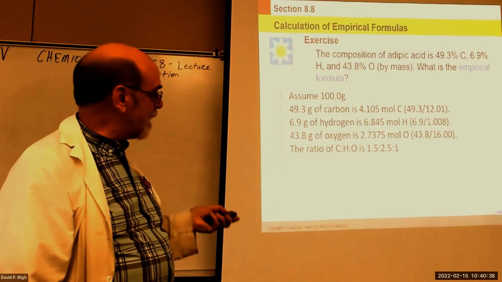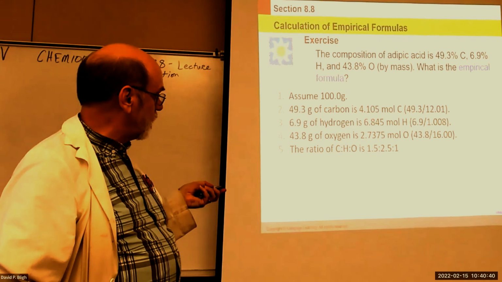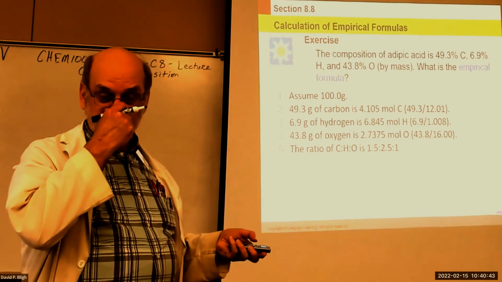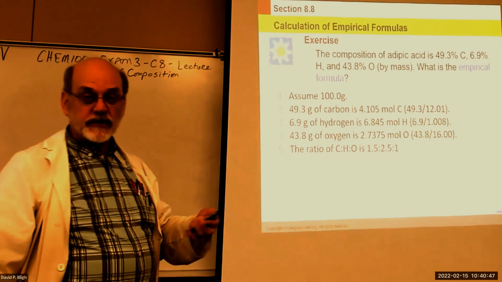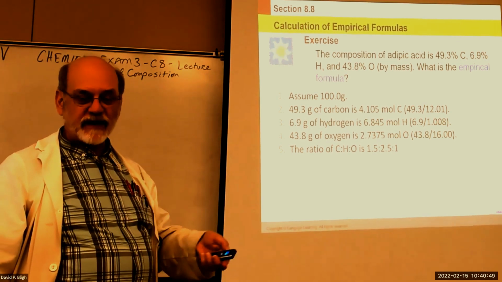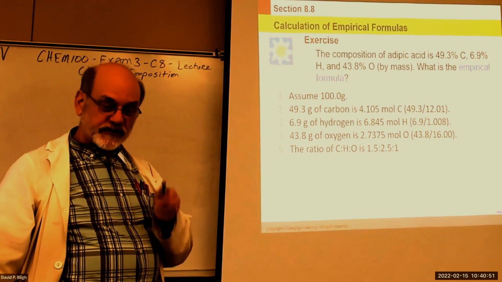You have already established the molar ratio here and here, right, for that empirical formula. So anything you do to it, multiply it by something, divide by something, the ratio is still the same.